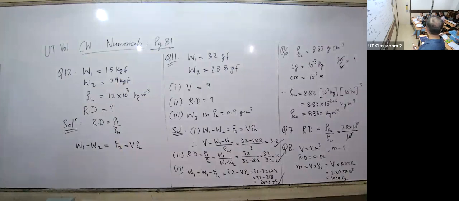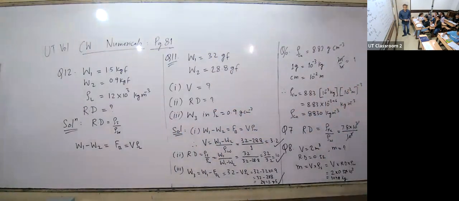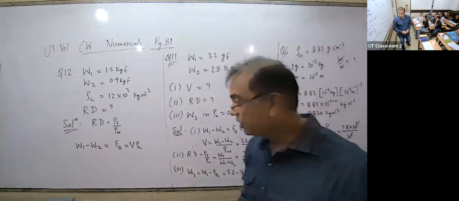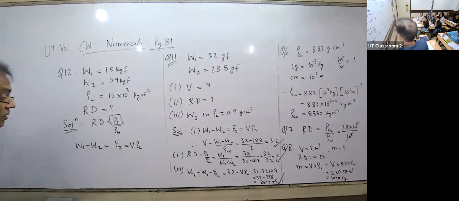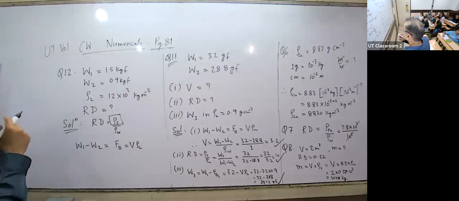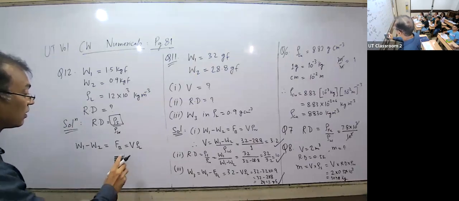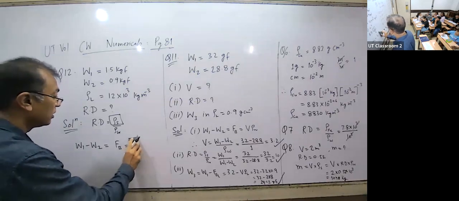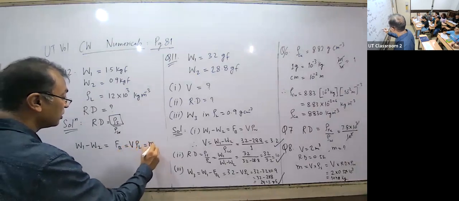So W1 and W2 are given. You have to find the volume. So we do relative density of solid. Relative density of the solid is required, तो उसके लिए density of solid चाहिए. अब density of solid कहाँ से निकलेगा? Volume, mass into density of solid. हाँ हो गया ना. देखो देखो एक सेकंड. Density of liquid है ना, तो ये हो गया mass of solid.